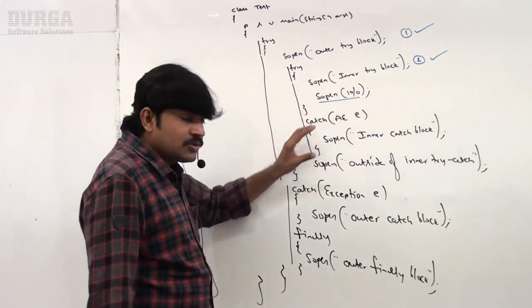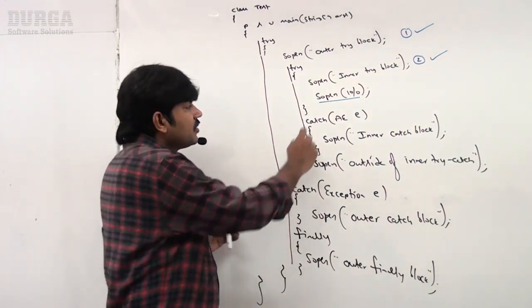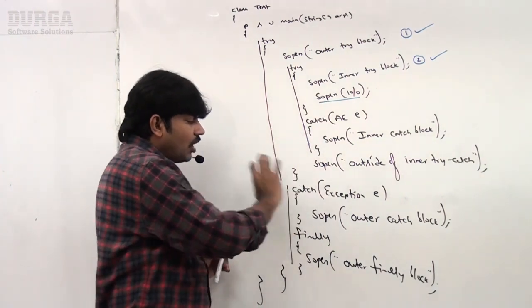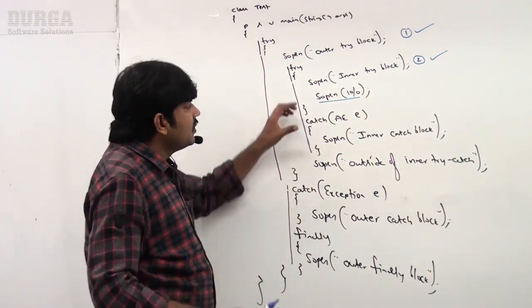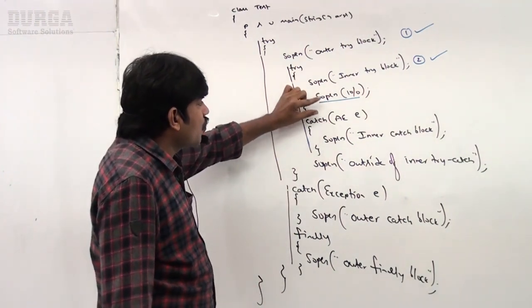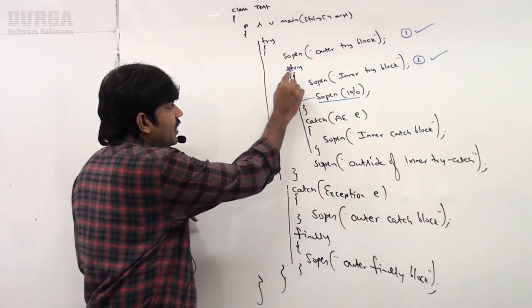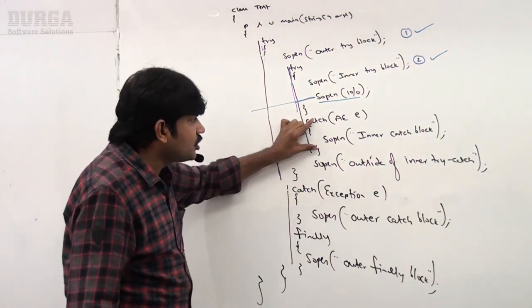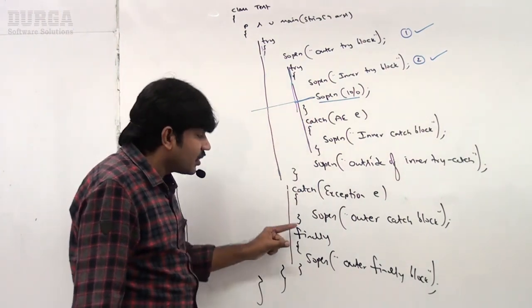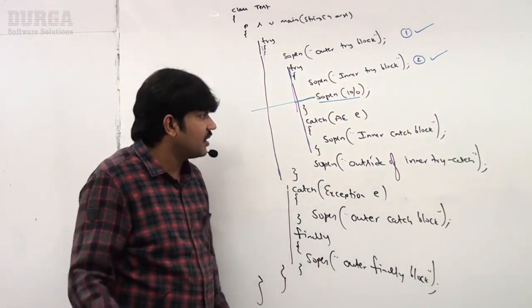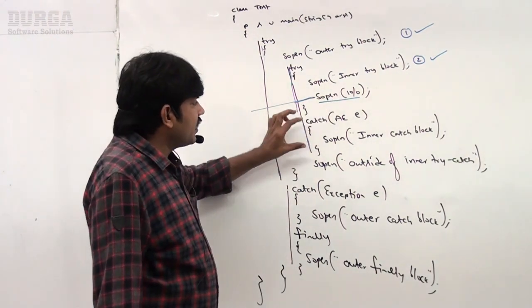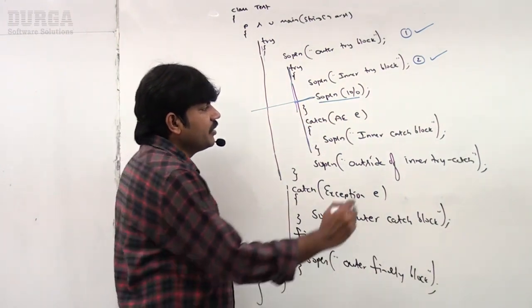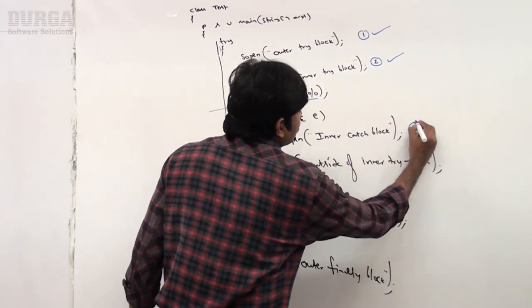If the inner catch block is unable to handle it, then immediately the control goes to the outer catch block, because this code is present inside the inner try, and also inside the outer try. If the inner catch block is unable to handle it, then the outer catch block can handle it. Yes, observe that. Next, here the inner catch block for ArithmeticException is going to handle it. Third statement, right?